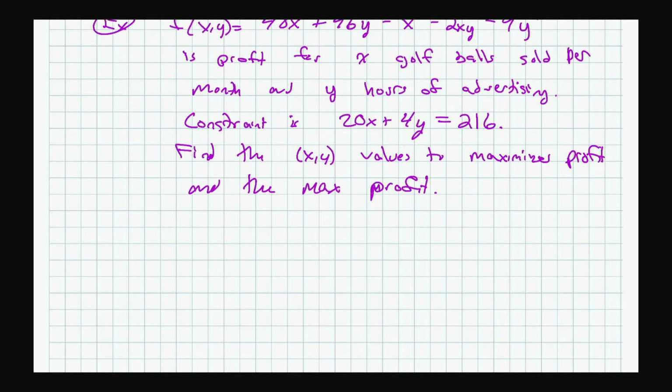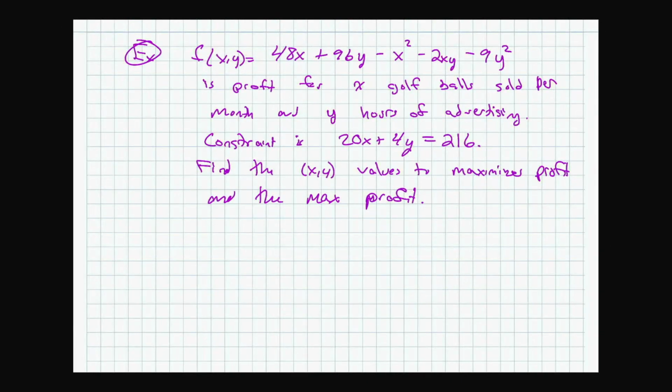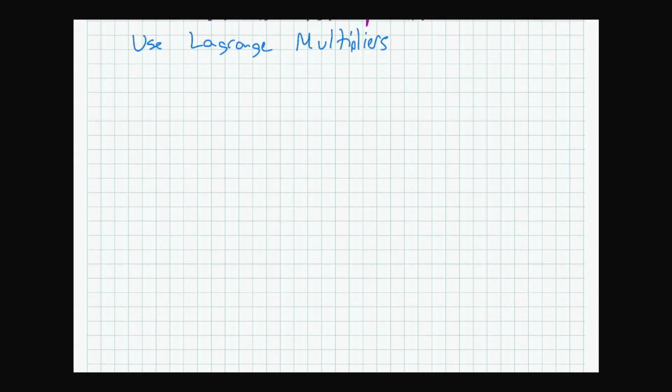So a couple of things we have to do. We're going to use Lagrange multipliers. Because this one's more complicated, I expect solving the equations is going to be a little bit trickier, but we'll see. So step one was to make sure we know the functions that we're dealing with.